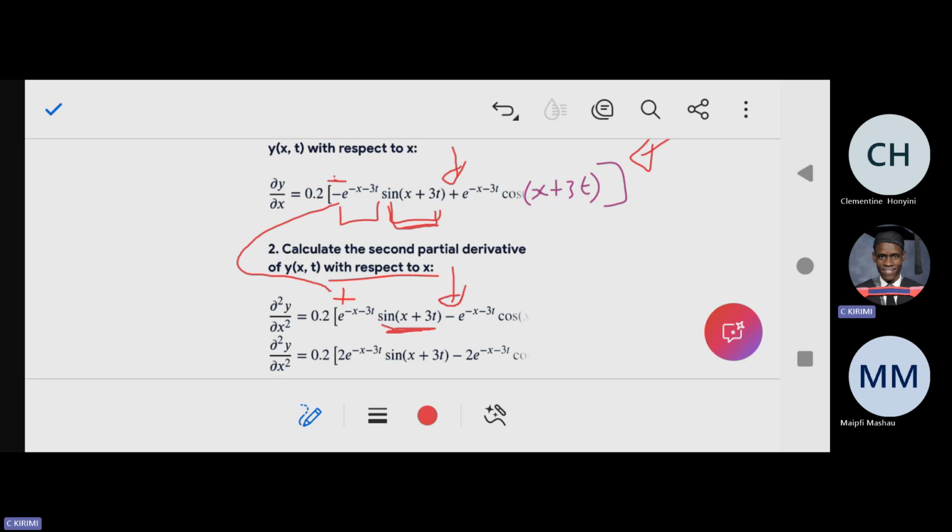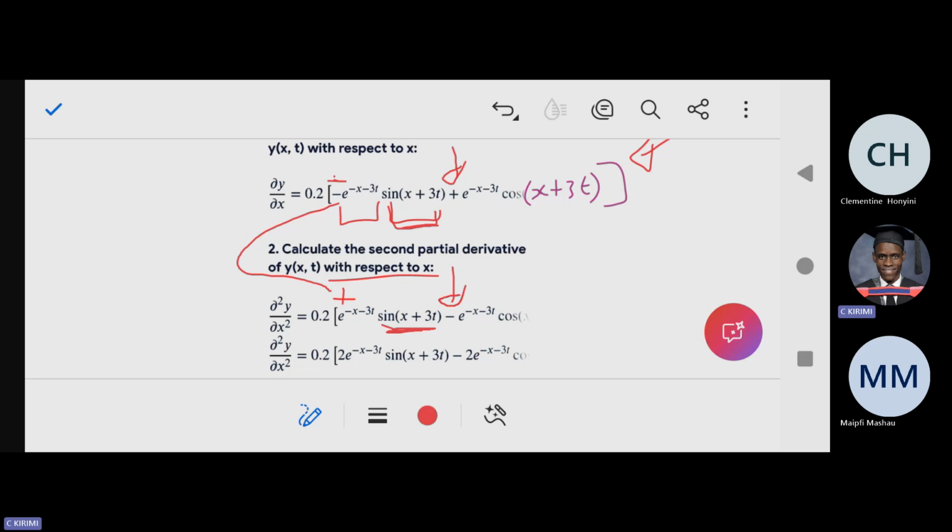Do you know where that negative is coming from? Where is the negative coming from? Is it not coming from when we derive the second one? So what do we do?